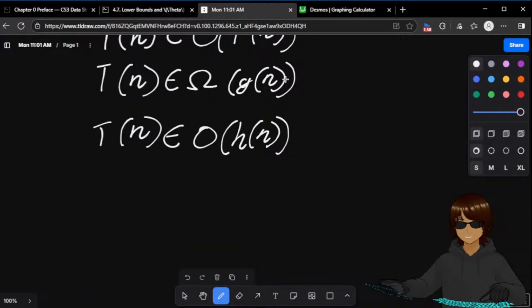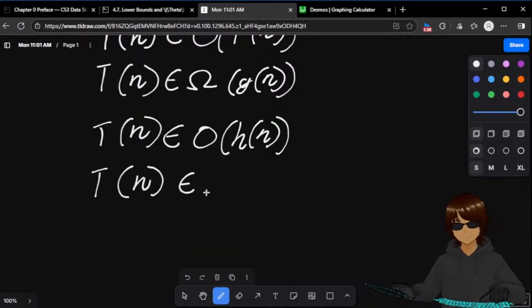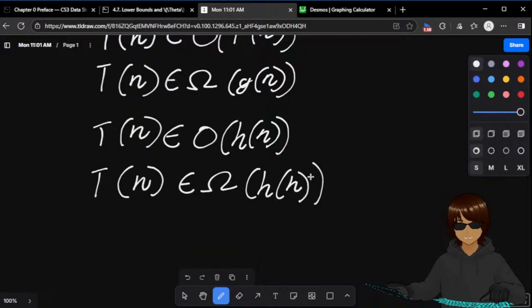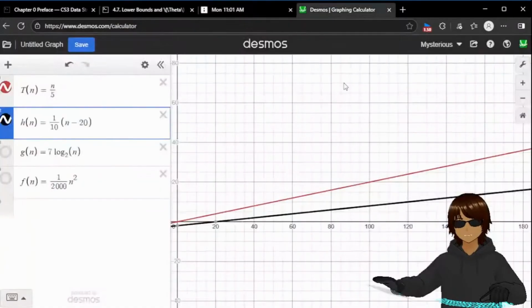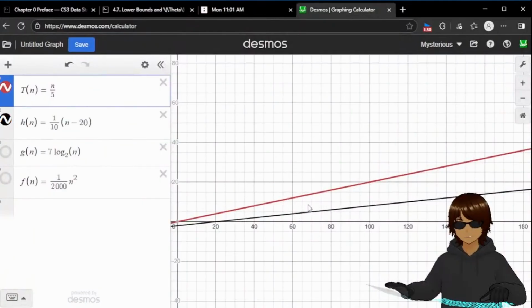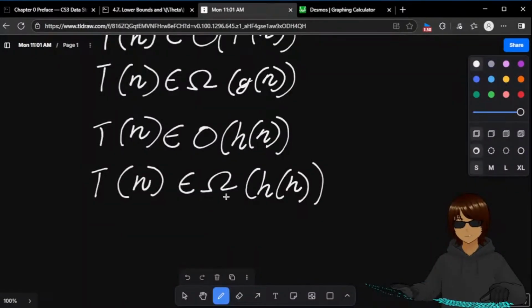So therefore, T(n) is also Omega(h(n)). If I can multiply the graph by a constant such that T(n) surpasses it for all points after some cutoff point, then it's Omega.